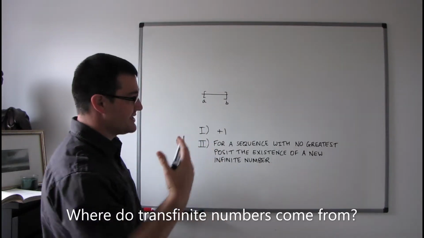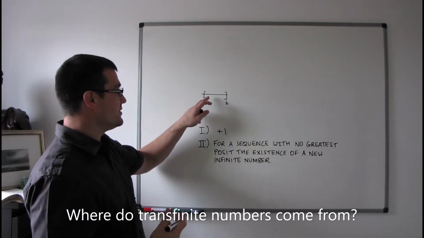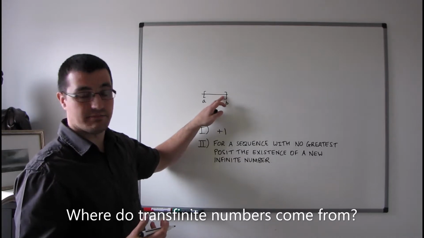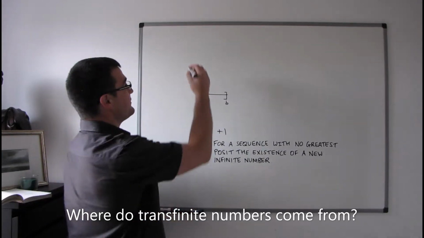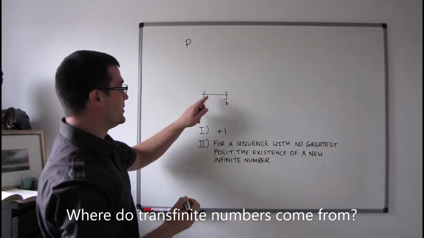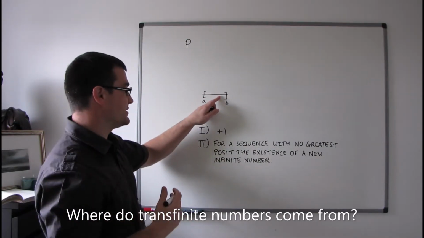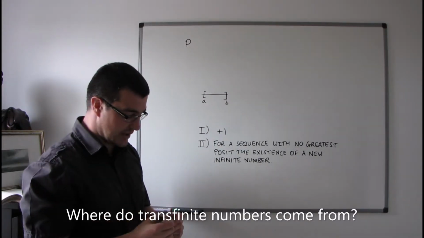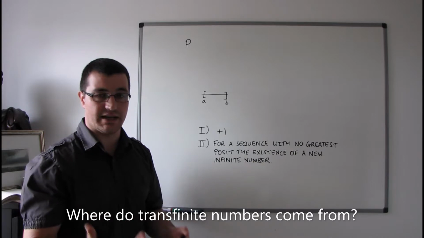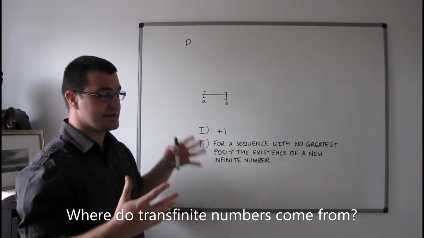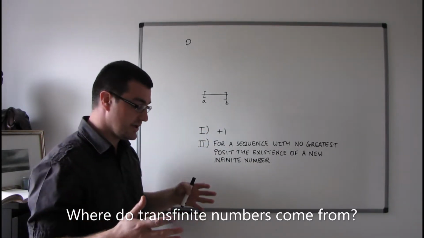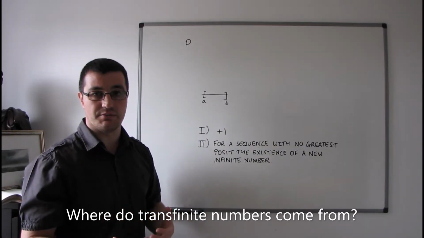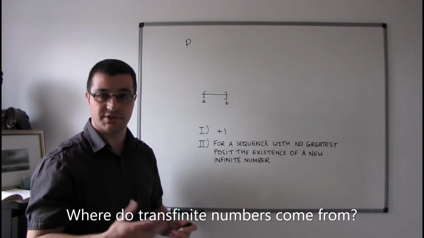Then consider an aggregate of numbers taken from this finite interval, moreover an infinite aggregate of numbers, and we call it P. A well-known principle from analysis is that an infinite aggregate of real numbers in a finite interval must have at least one accumulation point. There might be many accumulation points, but there's going to be at least one.